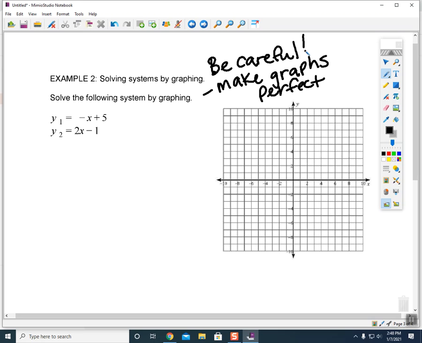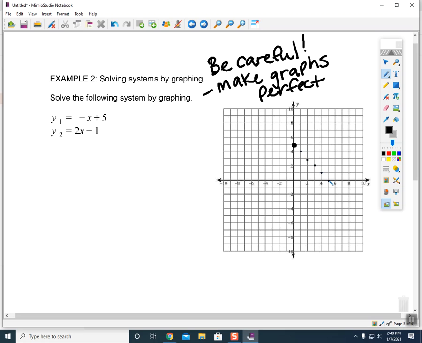So I have y equals negative x plus 5. I can look at that right away and decide, oh, I know that my y-intercept is 5. So I'm going to put a point up here at 5. My slope is negative 1, which means that I'm going to go down 1, right 1. So down 1 over 1, down 1 over 1, and so on.